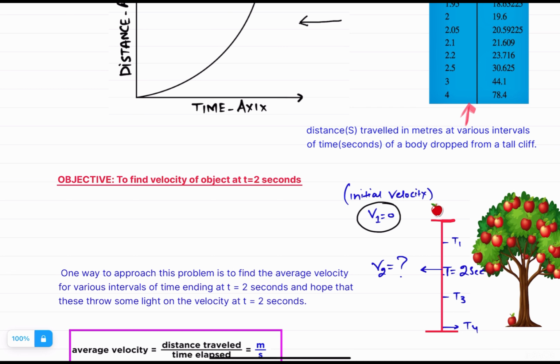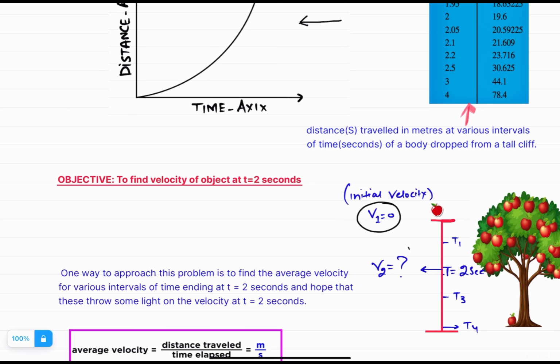He knew Galileo's formula for distance, but he was interested in finding the velocity at a specific time. For example, we can take time equal to 2 seconds, and he was interested in finding v(2).